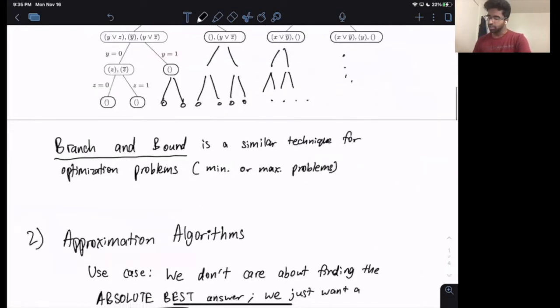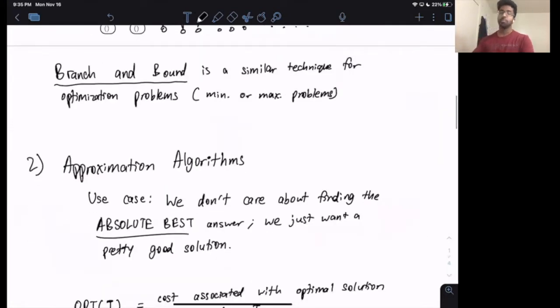The second approach is called approximation algorithms. Essentially, the use case is, let's say we have a problem in the real world that we know is intractable, right? Let's say we don't have an efficient solution to tackle it. But for this particular problem, we don't really care about finding the absolute best answer.